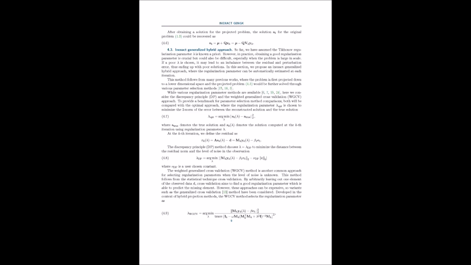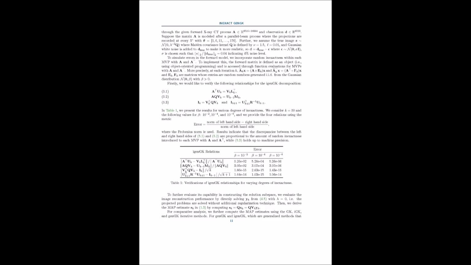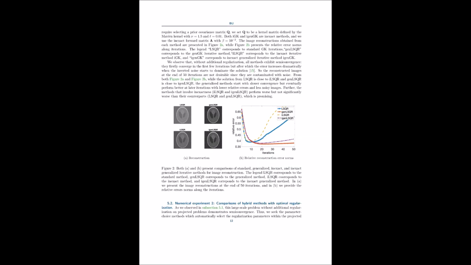Precisely. And the paper demonstrates how we can represent the MAP estimate as a generalized Tikhonov problem shown in equation 1.3. Essentially, it's a balancing act. We're trying to find the best fit to the data, while also ensuring the solution stays within the realm of what's reasonable based on our prior knowledge. So it's finding that sweet spot between fitting the data and not violating what we already understand about the problem.